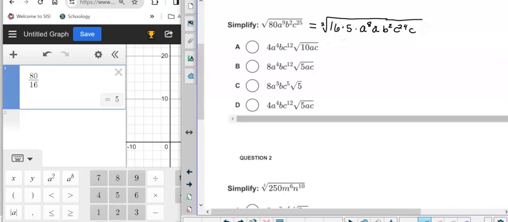All right, so let's start taking out some perfect squares. 16 is a perfect square, so the square root of 16 is 4, so that comes out of my radical. I'll leave that alone, that stays under the radical. For a to the 8th, it means that for every 2 I can take out, so there are a to the 4th, because 8 divided by 2 gives you 4.